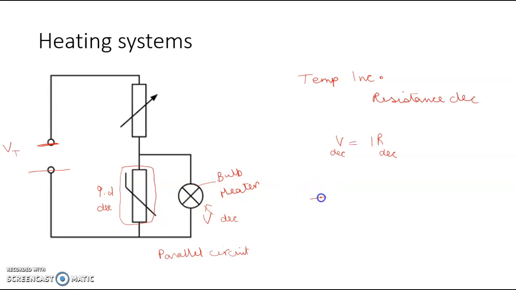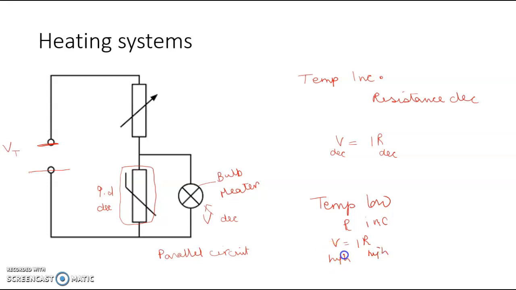Whereas if the temperature is low, that's when you want the bulb to light up and heat the fish tank, or if it's an animal container, or if it's a room heater, you want a room heater to start. So when the temperature is low, resistance is high. Because the resistance is high, more energy is needed to push the electron through. Therefore, the potential difference is high.